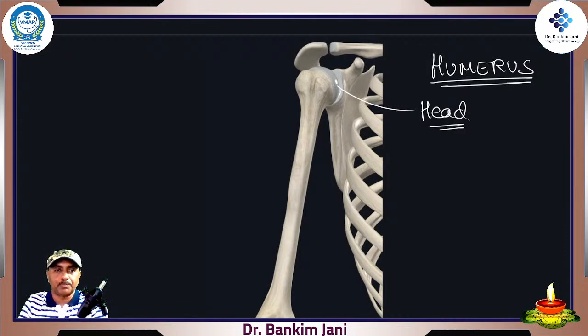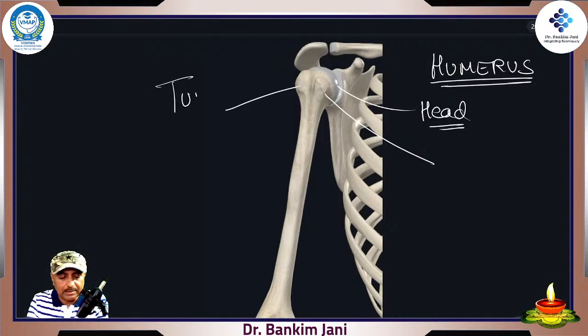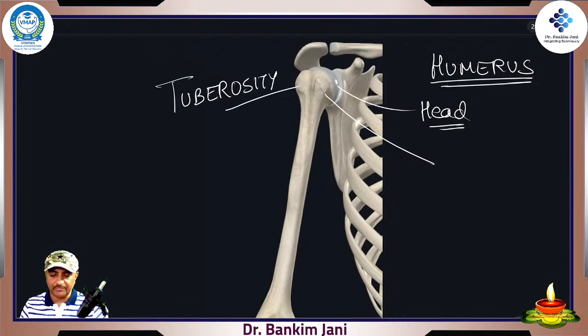When it becomes prominent, we call it tuberosity. So see this portion and this portion, they are called the tuberosity. The rest of the bone is very sharif, but these two areas are very dominant. So they are like tuberosity.